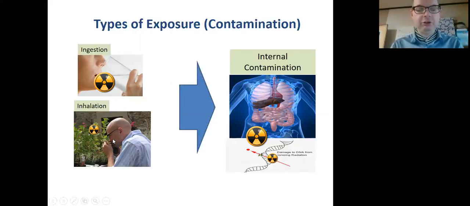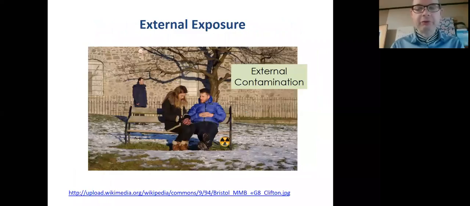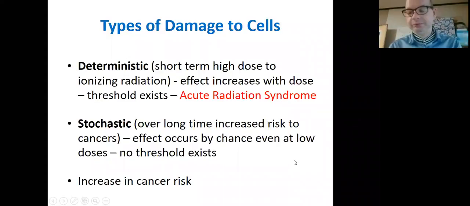And then the other type of exposure is external exposure, where you secretly hide an isotope and irradiate people just from a distance. Those are the three different ways that you can get a serious dose of radiation and cause damage to your health.